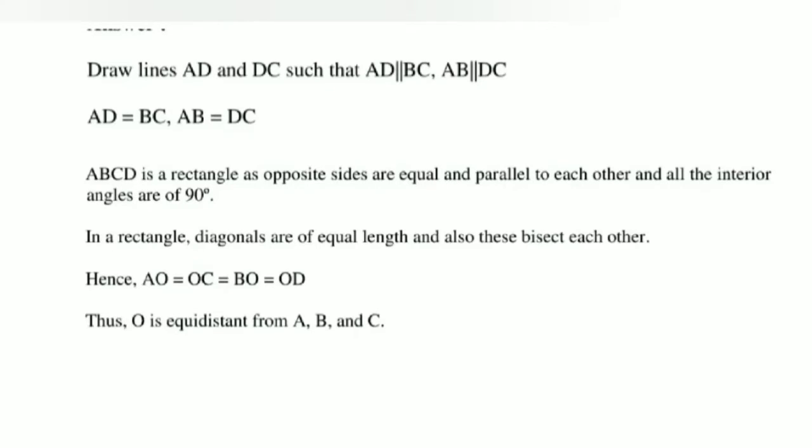So ABCD is a rectangle as opposite sides are equal and parallel to each other and all the interior angles are 90 degrees. In a rectangle, diagonals are of equal length and also bisect each other. So hence AO is equal to OC is equal to BO is equal to OD. Thus O is equidistant from A, B and C.